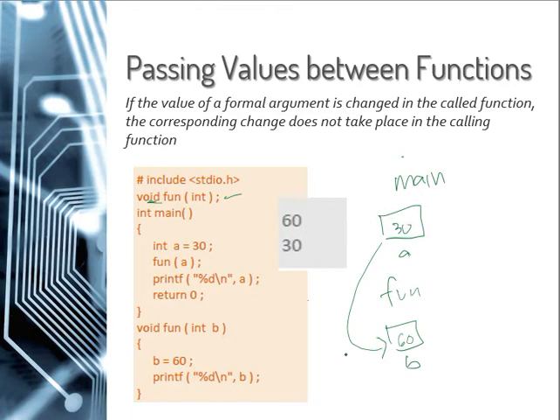But take note, the value of a in main will not change, because they are different variables. Now, b is printed, so what is printed is 60. And then, once it returns, back in main, what is printed is the old value of a, the value of a in the main function, which is 30. So, that's how it works.